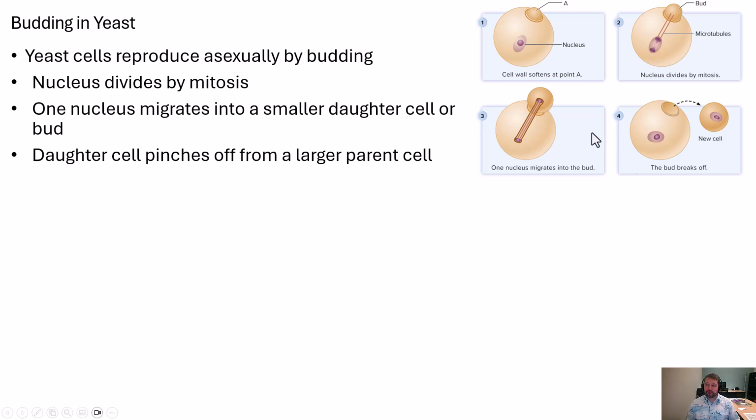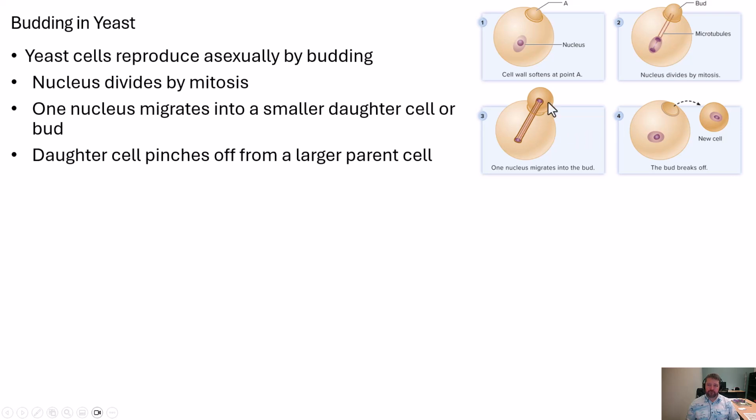In the case of the budding process, once the nucleus has divided and finished mitosis, one part of the nucleus travels along microtubules to a budding region of the yeast.